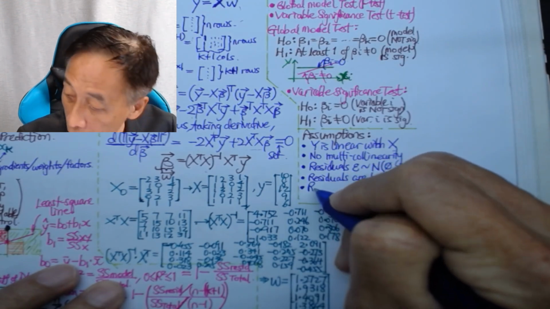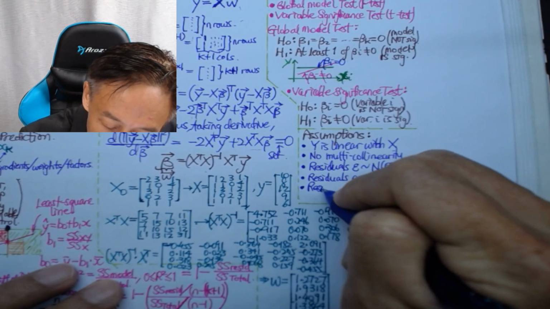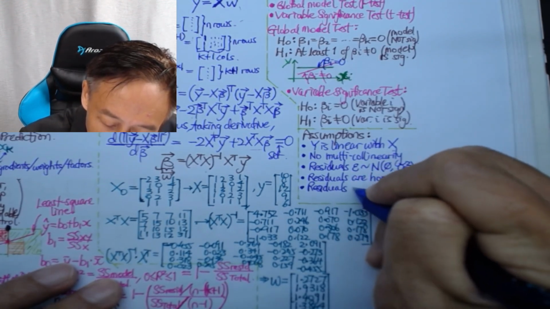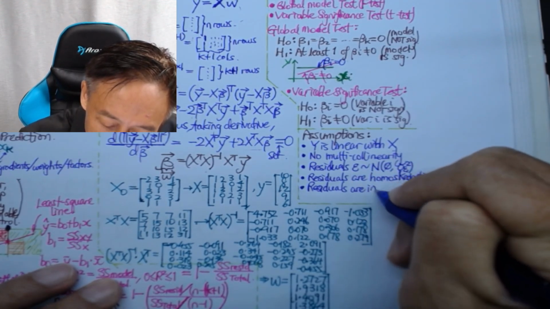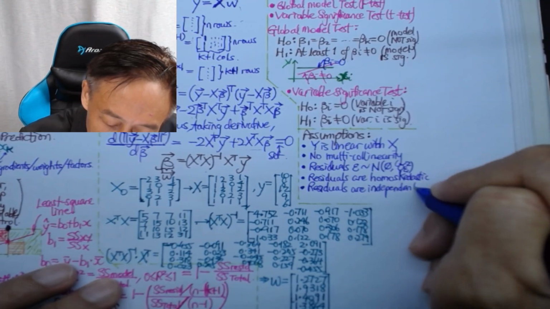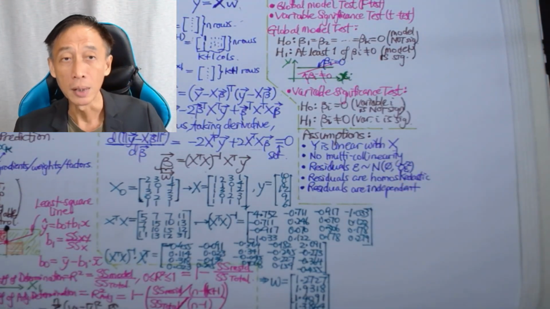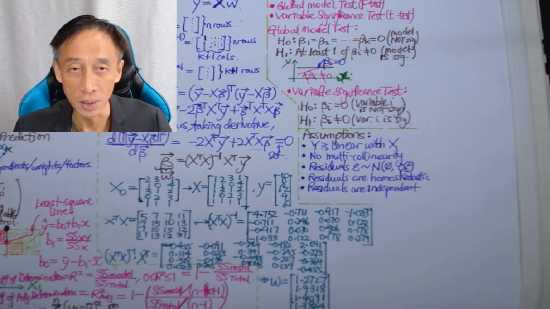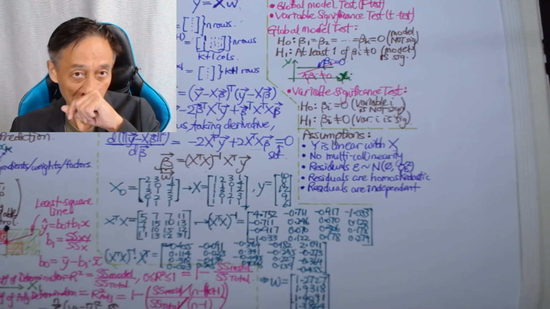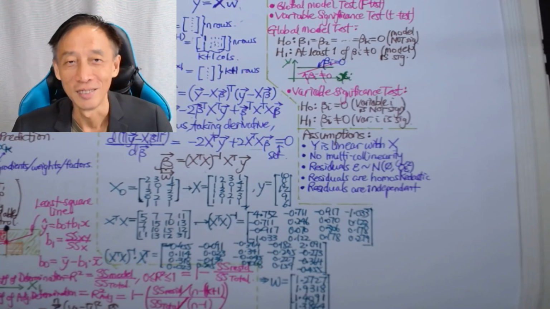And the last one is that the residuals are independent. In some sense, each residual being big or small is not affecting the next residual to become big or small. No interaction, no influence, right?